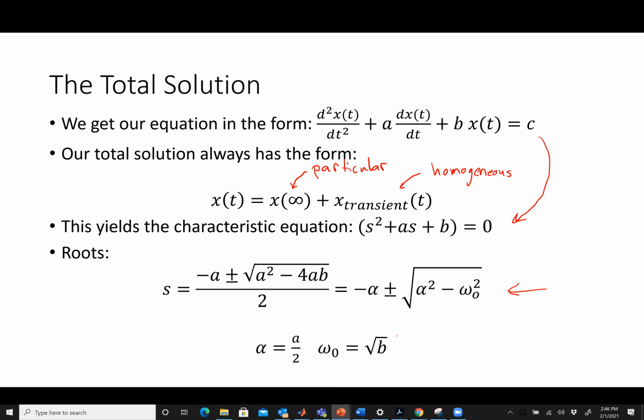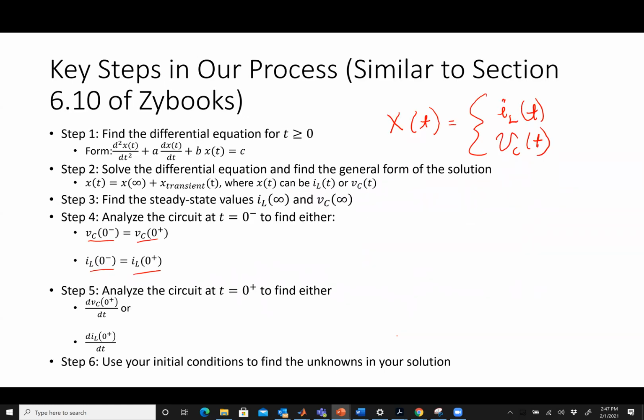Now, what did I say always has to be true about those coefficients in the differential equation? A and B always have to be positive. A and B better always be positive. If they're not, that tells me that my solution will get bigger and not go towards zero as time goes on. That's not ever possible because that means that the energy stored in the inductor or the energy stored in the capacitor will go to infinity.